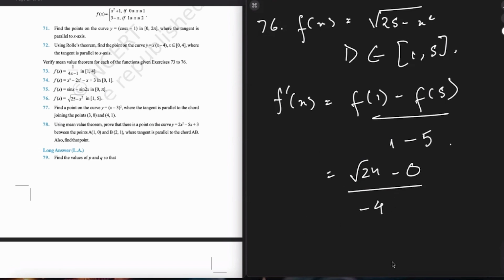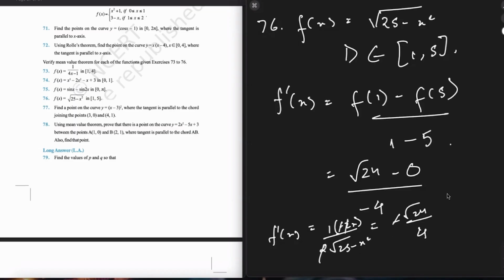Okay, and upon finding f dash x, the f dash of x is equals to 1/2 under root 25 minus x square, and this is a minus 2x over 8. So equating it with under root 24 upon 4. So minus minus will get cancelled out.